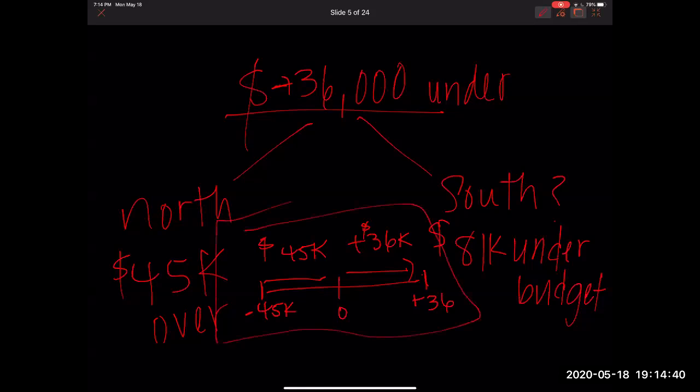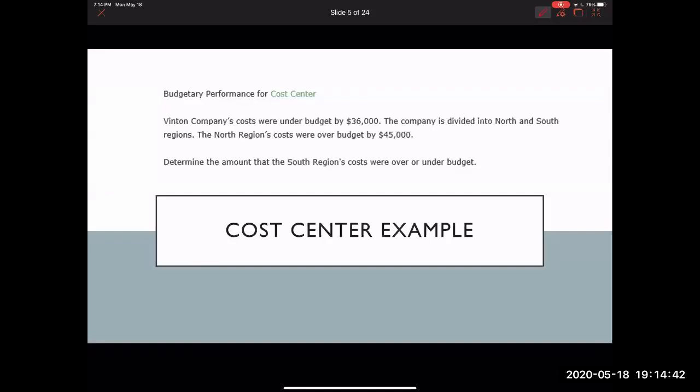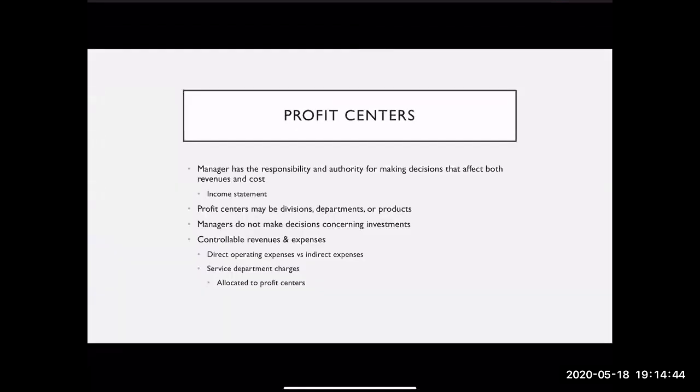All right, so moving along. We are now talking about profit centers. Profit centers are where managers have the responsibility and authority for making decisions that affect both revenues and costs. As I mentioned before, they're basically in charge of the income statement. A profit center may be a division, a department, or a product.